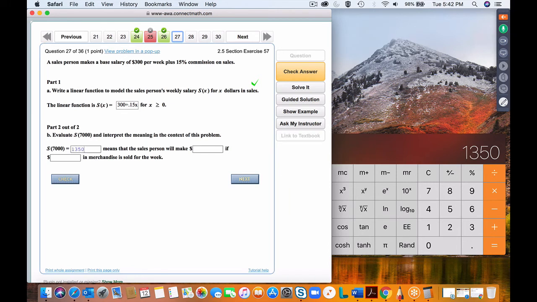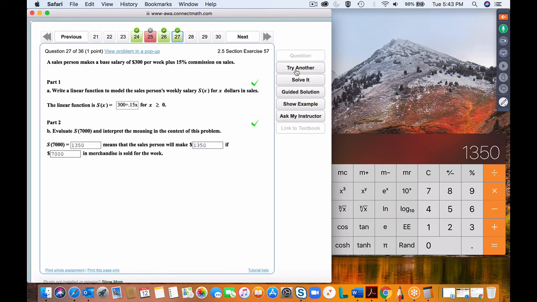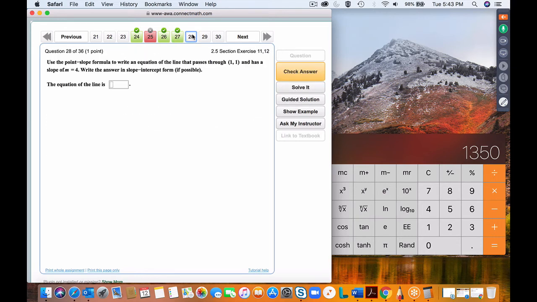So that means the same person will make 1,350 if 7,000 in merchandise is sold for the week. And then we just check. 28.